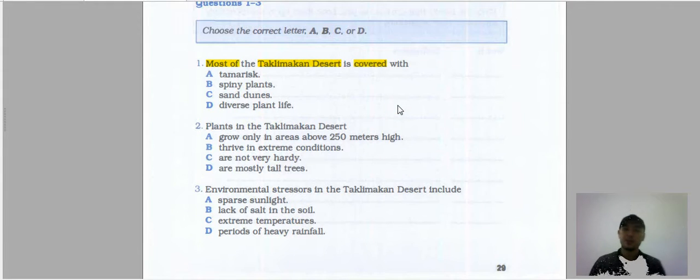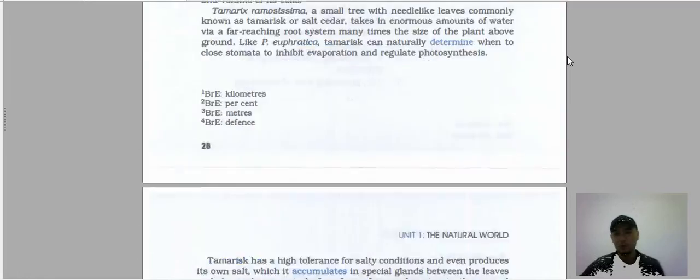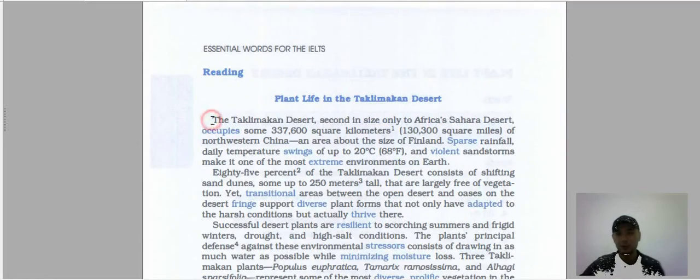As you can see, my friends, I underlined 3 words. They are most, Taklamakan Desert, and covered, right? And from where should I start looking for these words? This is very easy. You have to start from the very beginning, from here.